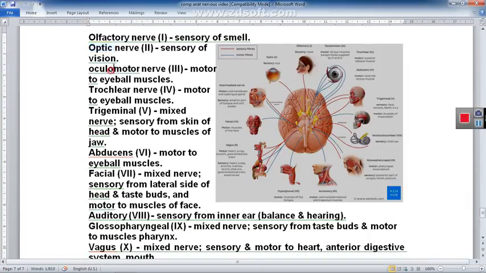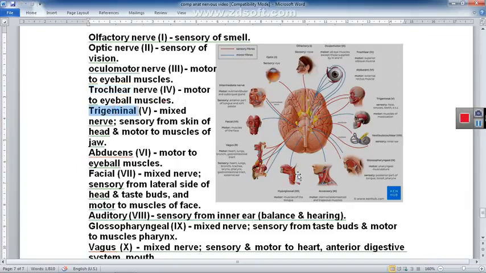The third cranial nerve, called the oculomotor nerve, is motor, responsible for movement of the eye, and therefore it is motor to muscles moving the eyeball. The same applies to the fourth cranial nerve, which is the trochlear nerve.